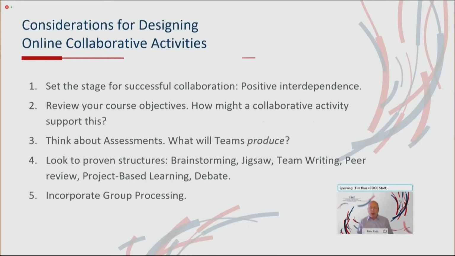So I want to talk about a couple considerations when you're planning your activities. One thing, and I always put this first, I think this is so important, is to set the stage for successful collaboration. And that's the idea of promoting positive interdependence. And that's just simply the notion that the success of the individual is tied to the success of the group, right?